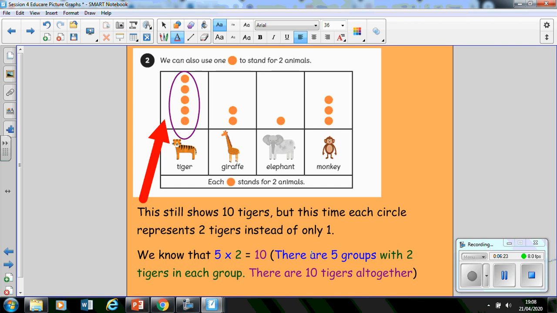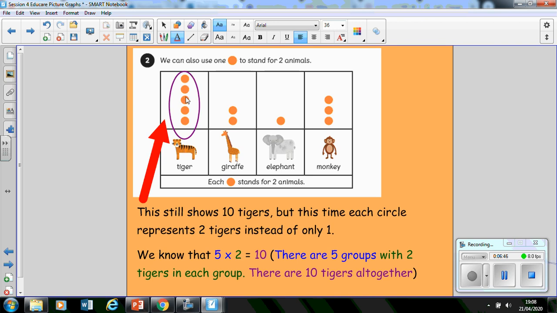So there are 5 groups with 2 tigers in each group. That means there are 10 tigers altogether. Just to double check, we could count up in our twos, which we practice almost every day when we line up for lunch. So let's do that together now. 2, 4, 6, 8, 10.